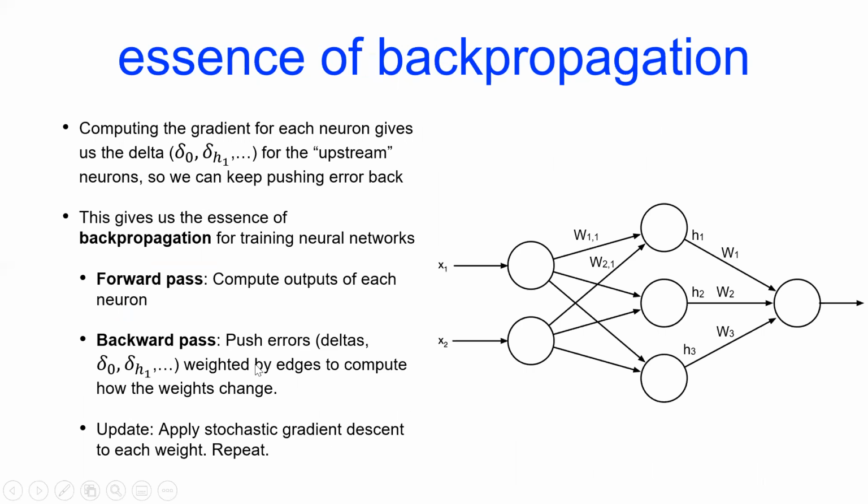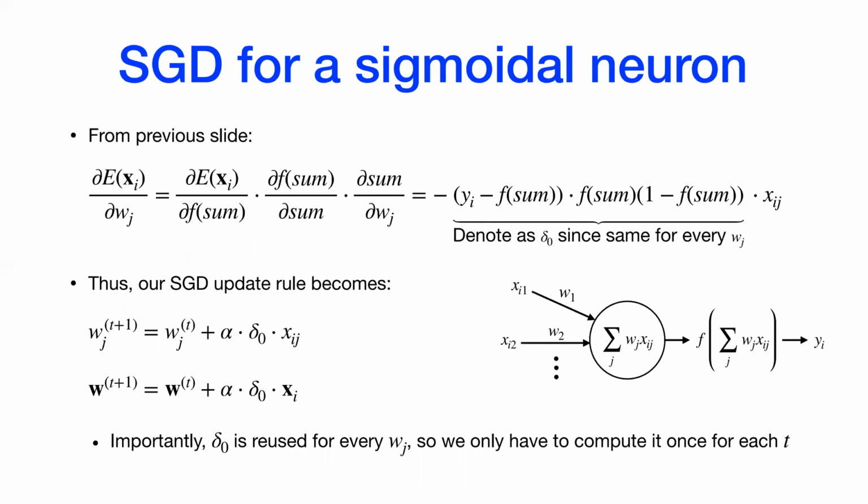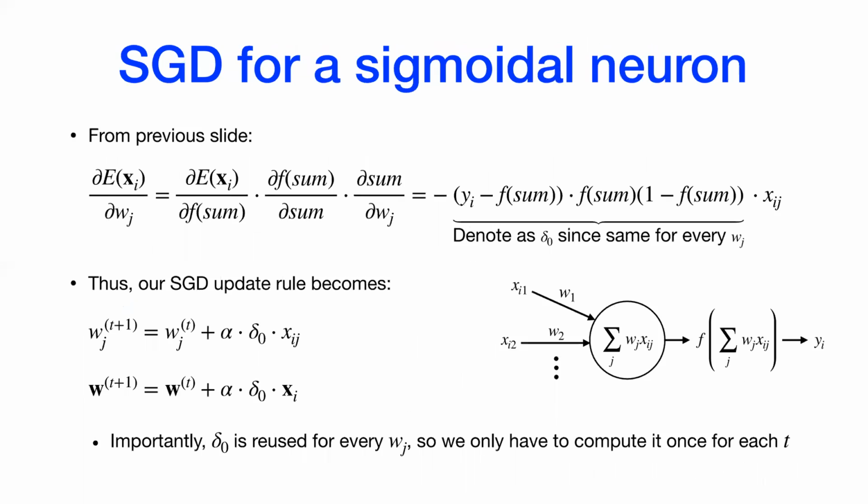But one thing I want you to be aware of is when you backpropagate, you will find that the arrows are weighted by the weights to compute how those weights are changing. So hopefully I can find a good example to show that.